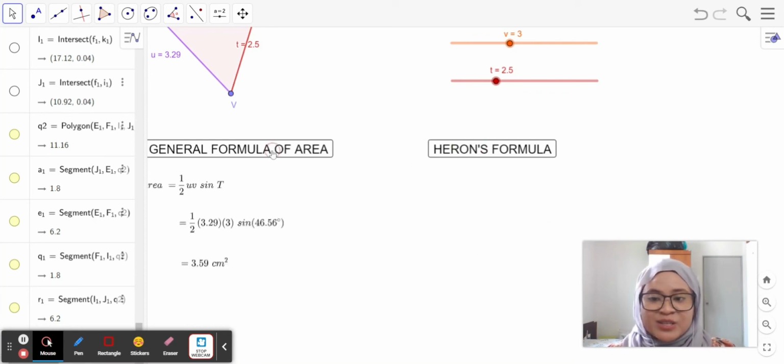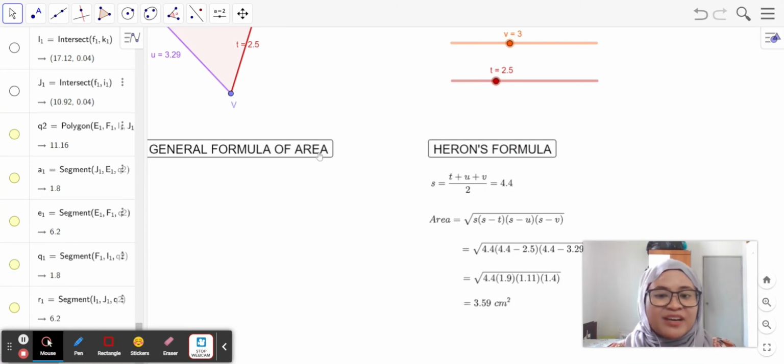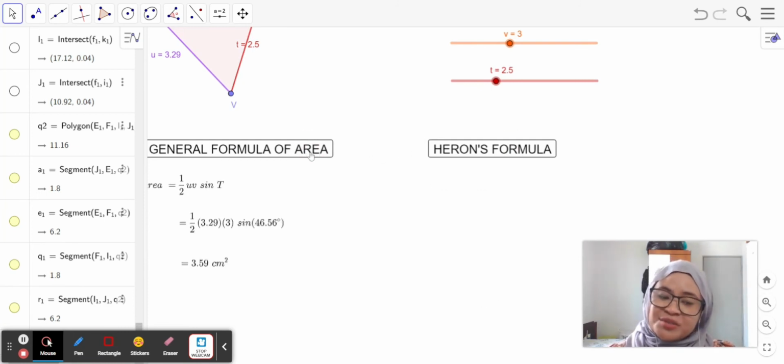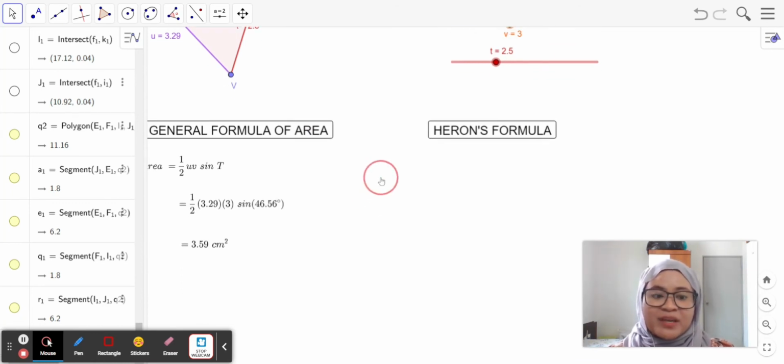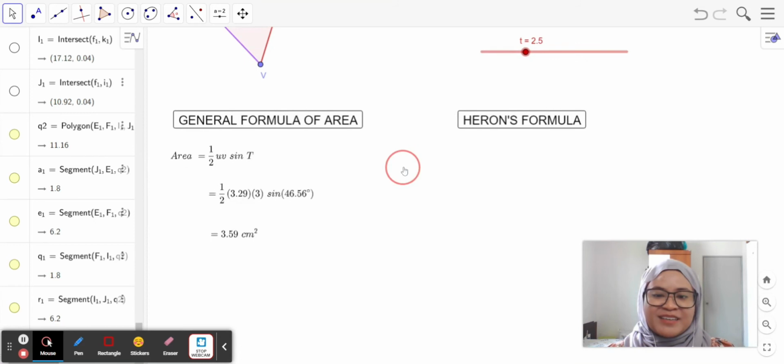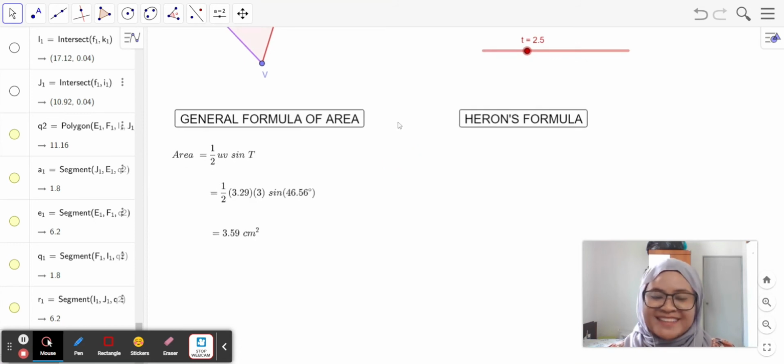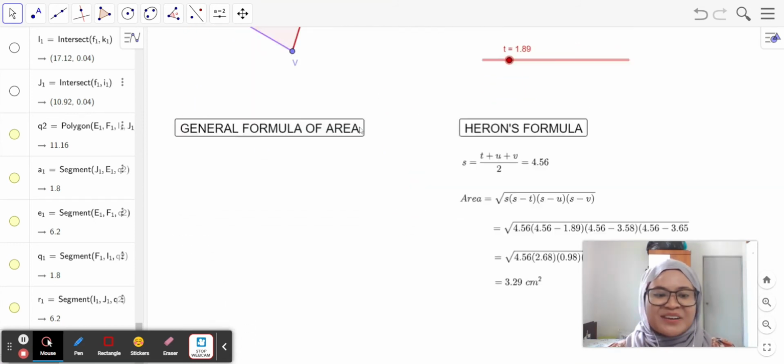So you can use both formulas and you will get the same answer. But you have to choose which formula you are going to use, since each has its own conditions. So don't be careless on that. I hope all of the students understand this subtopic, area of the triangle.